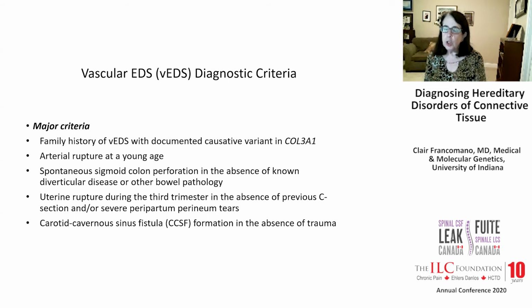Spontaneous sigmoid colon perforation in the absence of known diverticular disease or other bowel pathology. A uterine rupture during the third trimester of pregnancy in the absence of a previous C-section and or severe peripartum perineum tears. And finally, a cavernous carotid sinus fistula formation in the absence of trauma.